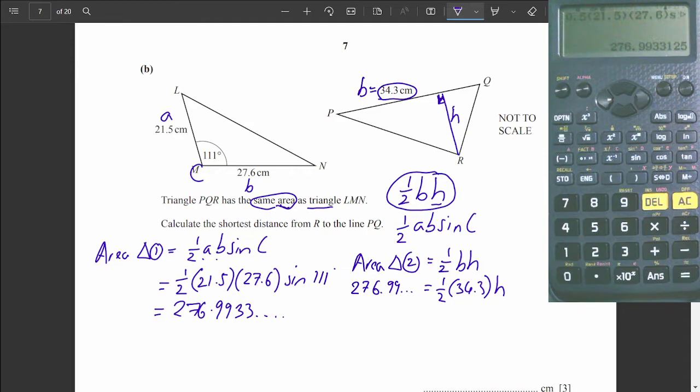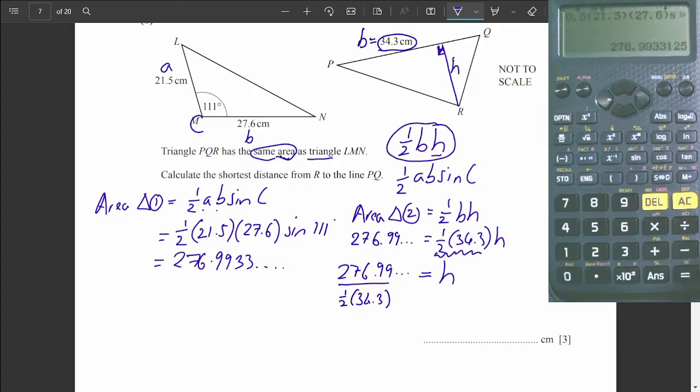To isolate the height, I'm going to divide on the other side. So that is 276.99, etc., divided by a half of 34.3.